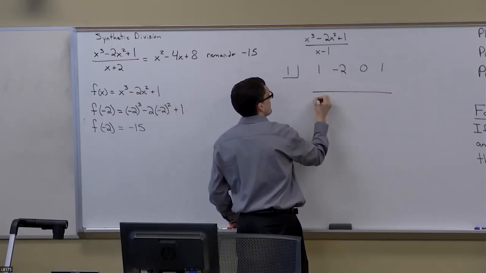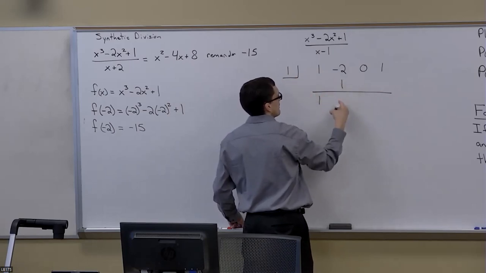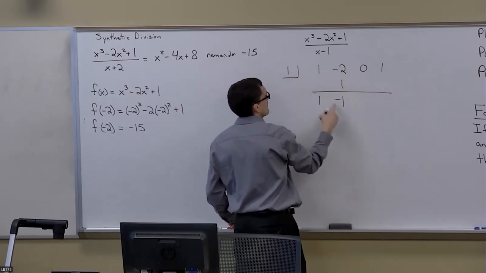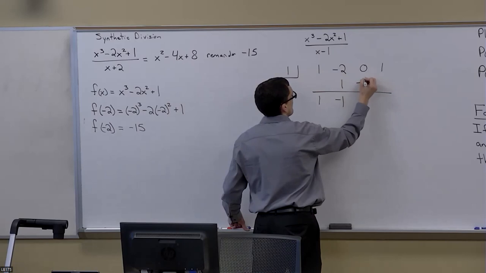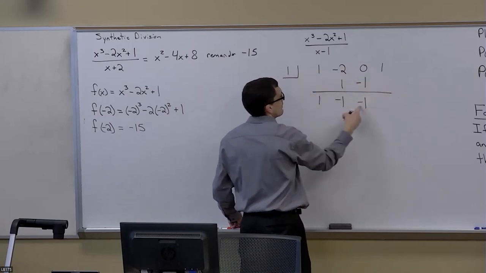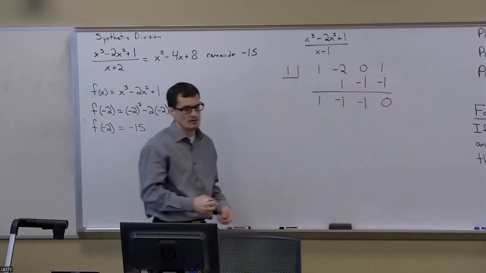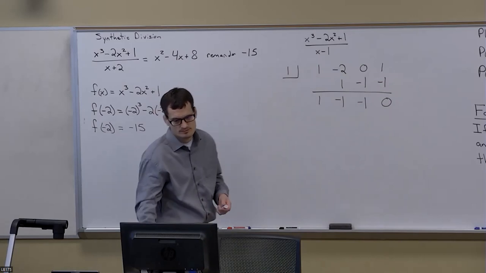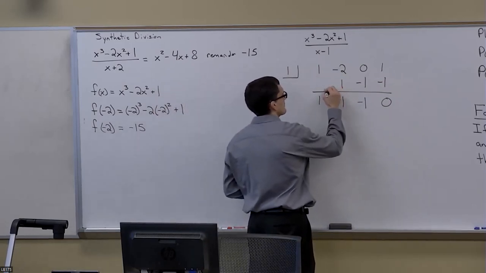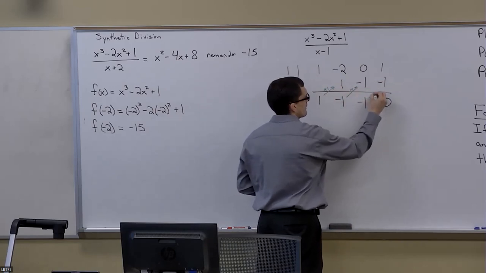So 1 drops down, 1 times 1 is 1. -2 plus 1 is -1. 1 times -1, -1. Add those two up, you get -1. 1 times -1, -1. So you get 0. Multiplying by 1 each time.